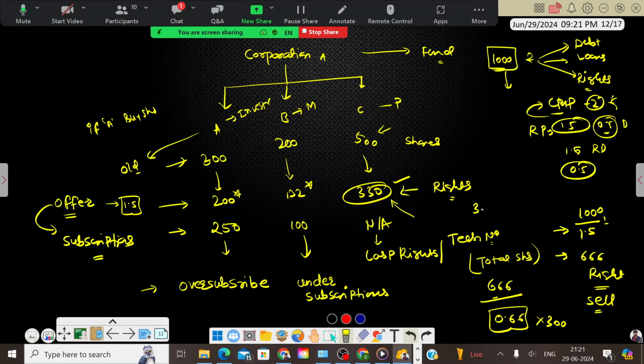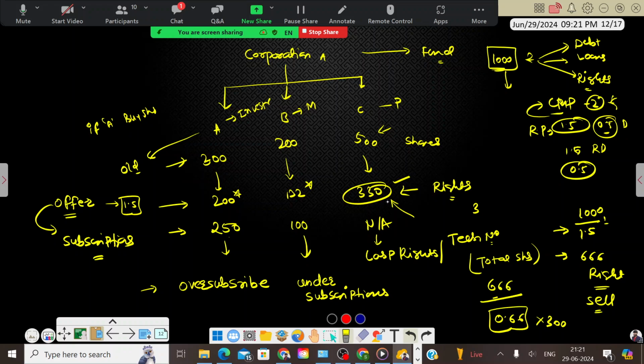So the company can distribute those rights, or maybe sell them in the open market as well. It depends on how the company wants to process it.